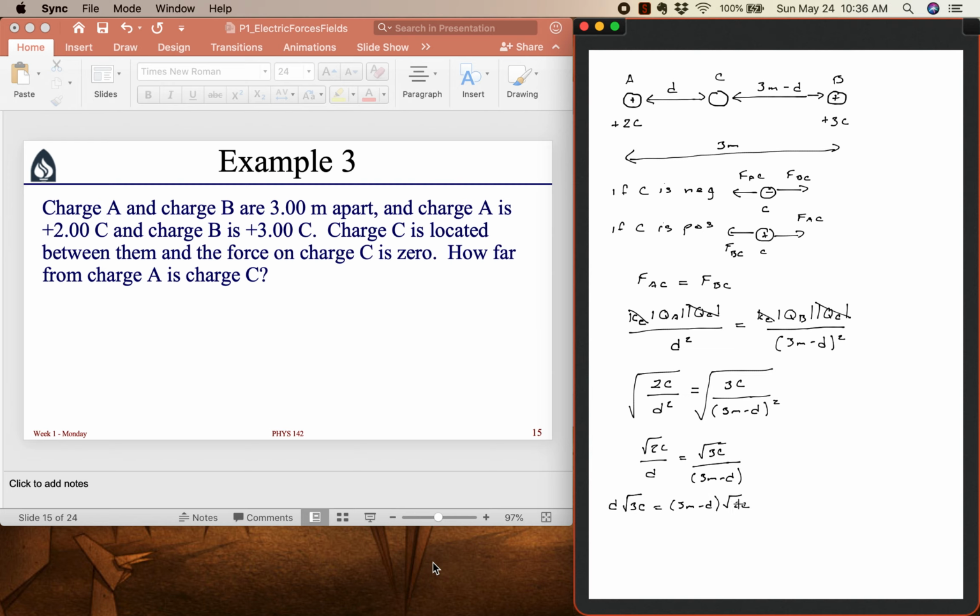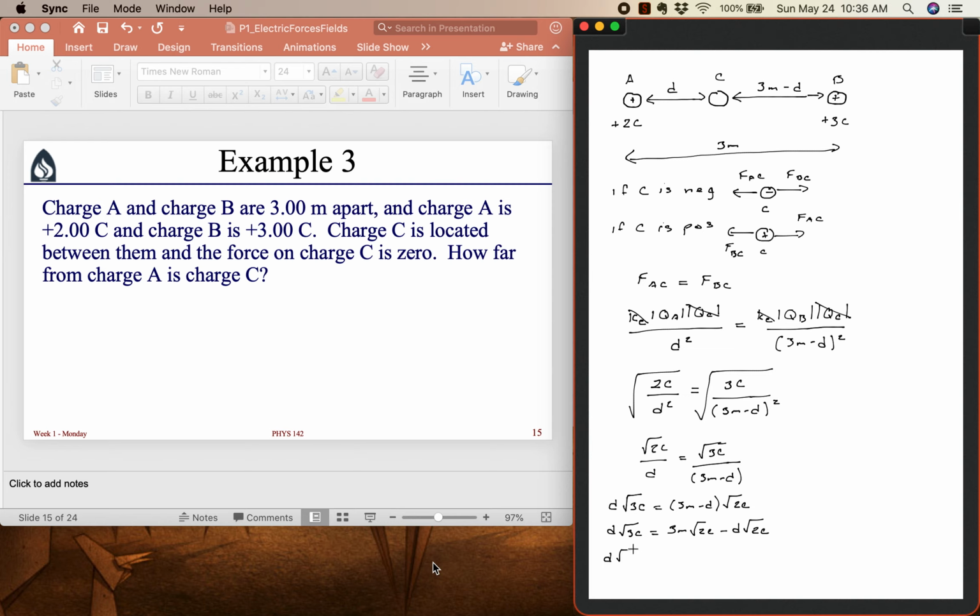And then I need to multiply this out over the parentheses, so d times the square root of 3 coulombs is equal to 3 meters times the square root of 2 coulombs minus d times the square root of 2 coulombs. And then I need to get everything with a d in it on one side of the equation.